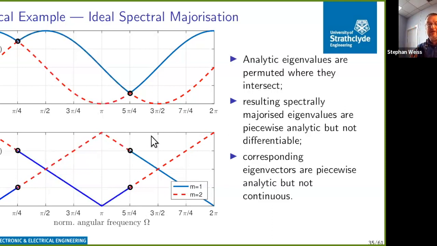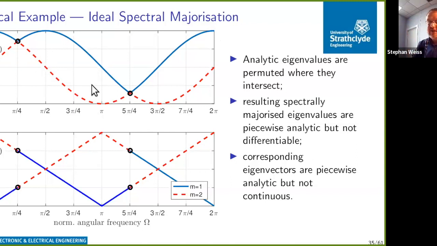Okay, so if we now wanted to have the spectrally majorized solution instead, we have to flip segments of our singular values around. So we have to perform a piecewise analytic construction, basically constructing something from piecewise analytic functions. In these two black dots here, we switch the two eigenvalues such that the blue one's always on top, and the red one always has the lower energy.